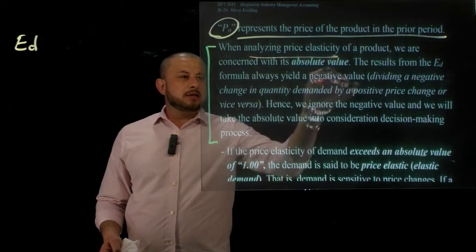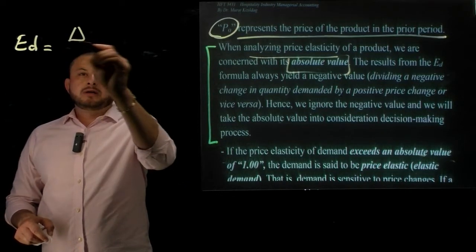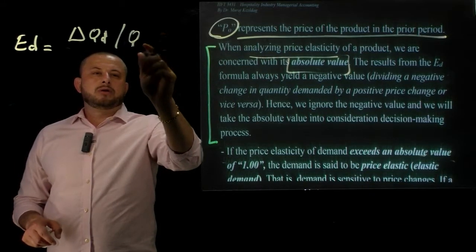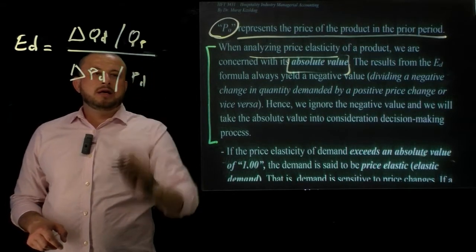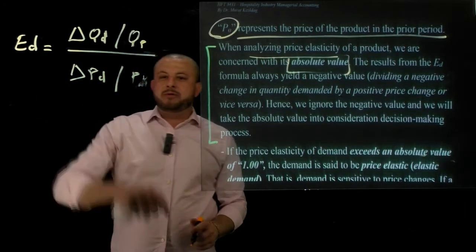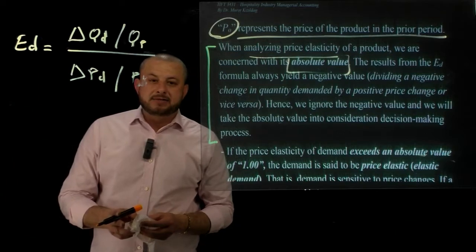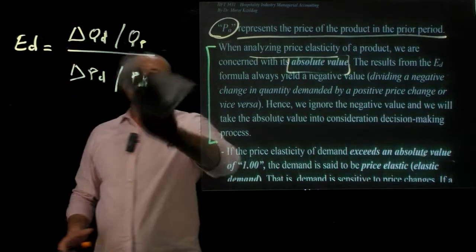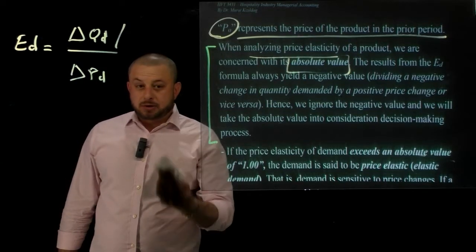When analyzing the price elasticity, we always deal with the absolute values, meaning sometimes the ED equation, delta QD over QO over delta PD over PO, sometimes produces negative numbers. But we cannot interpret negative numbers. It produces negative numbers because of that mathematical procedure. But we don't care about the negative number. We care about the interpretation of that number.